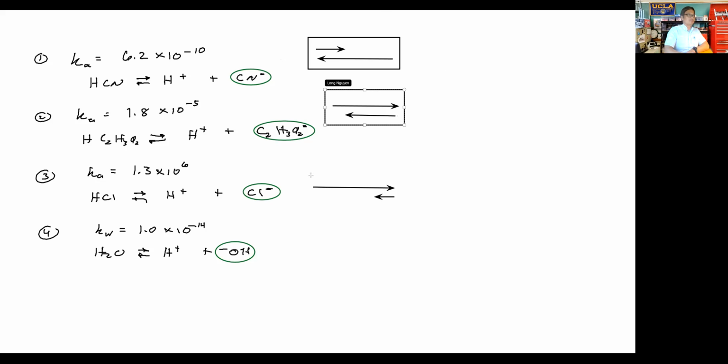Now, what does that tell us about the base? The more the reaction shifts back towards the left-hand side, the better that base is. So we're going to compare this base to this base to this base.